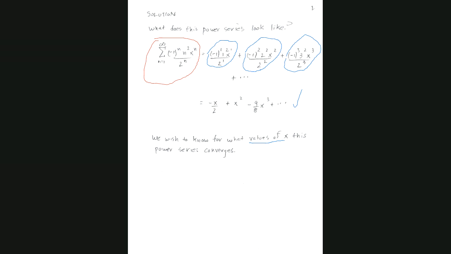Okay, and so let's do that. So we'll let the nth term be the term of the power series. And we look at the limit as n goes to infinity of the ratio of the n plus first term over the nth term.